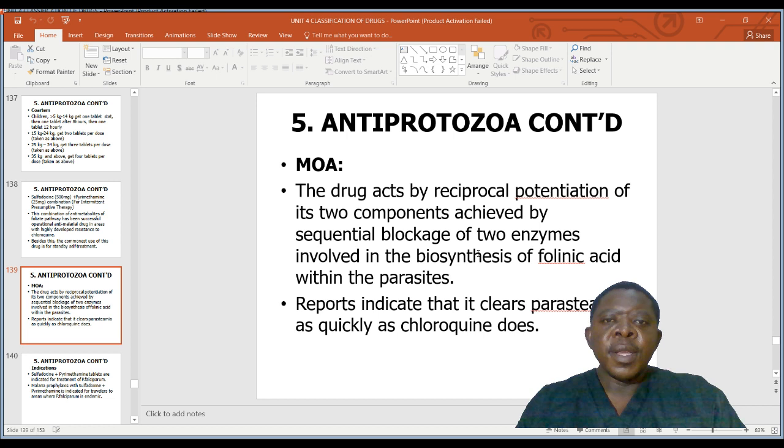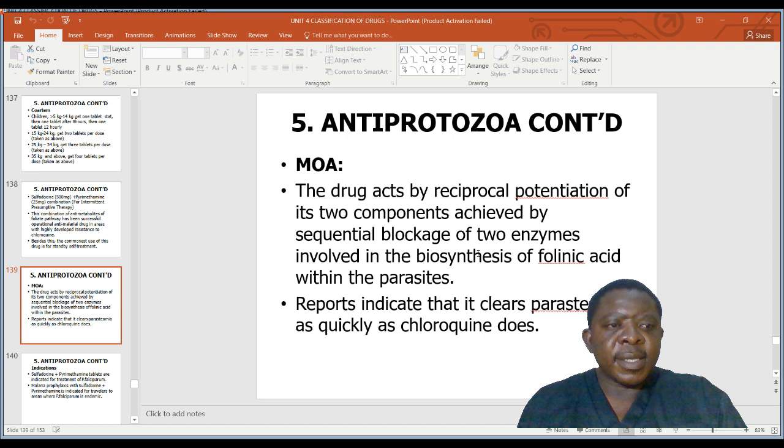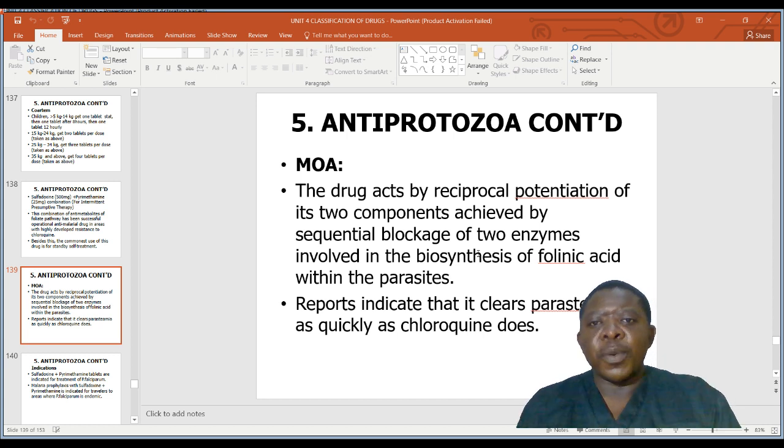Okay, so the mode of action: the drug acts by reciprocal potentiation of its two components, achieved by sequential blockage of two enzymes involved in the bulk synthesis of folic acid within the parasites.